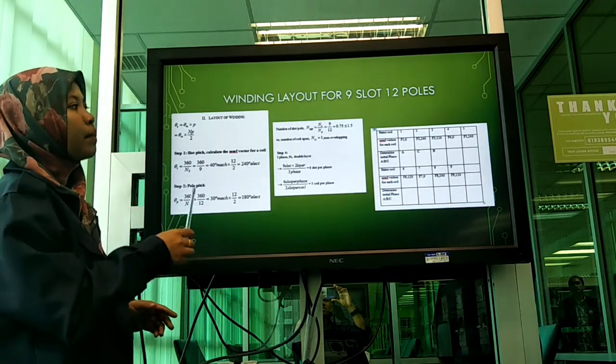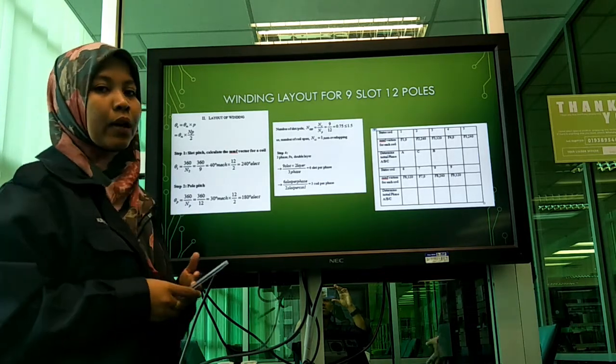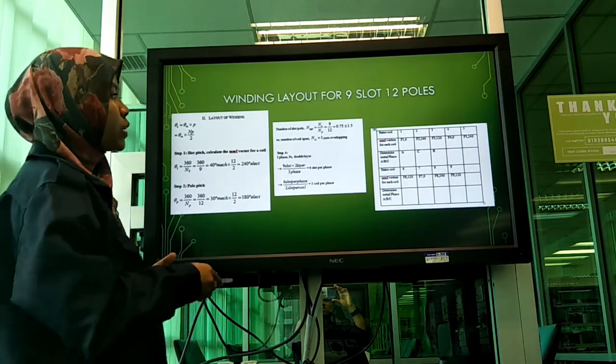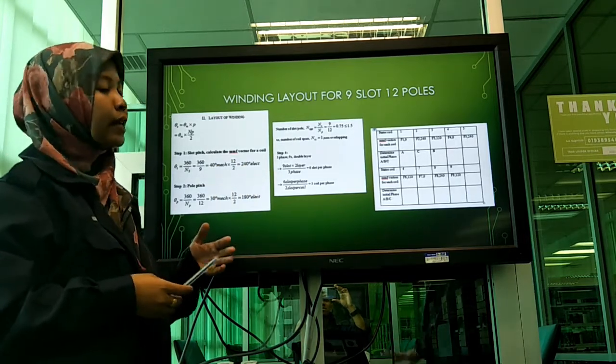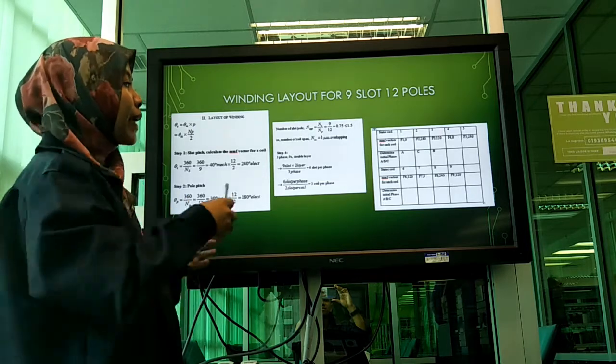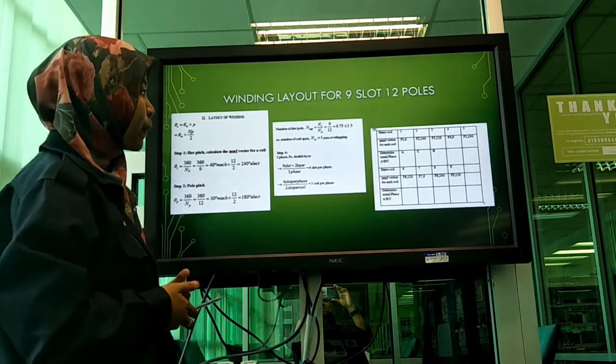The number of slots and poles is quite an important part of our calculation, because from this calculation we can determine whether our model is non-overlapping or overlapping.